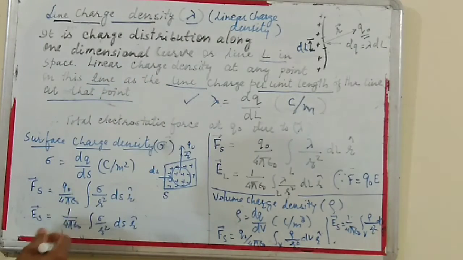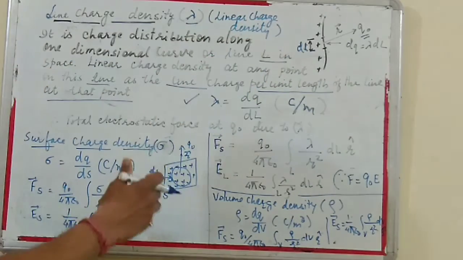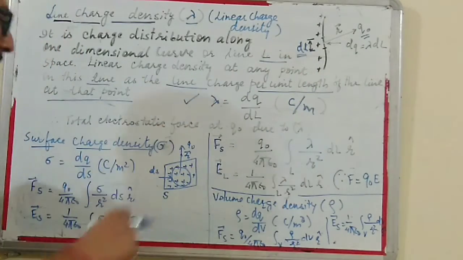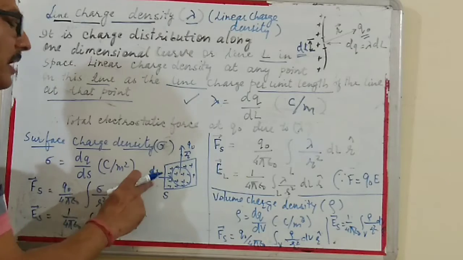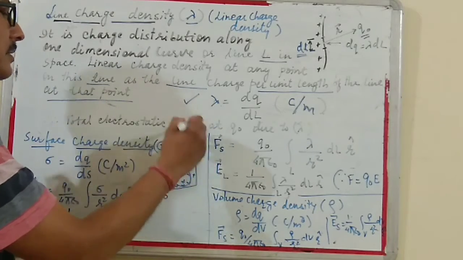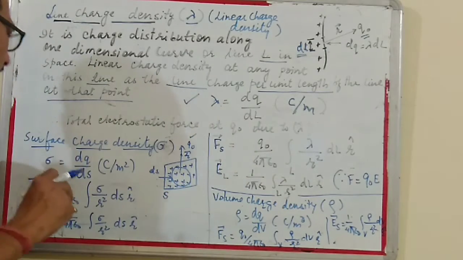In the same manner as we chose a small element of line in line charge density, we choose a small element of area, due to which we find the electrostatic force at point charge q naught.